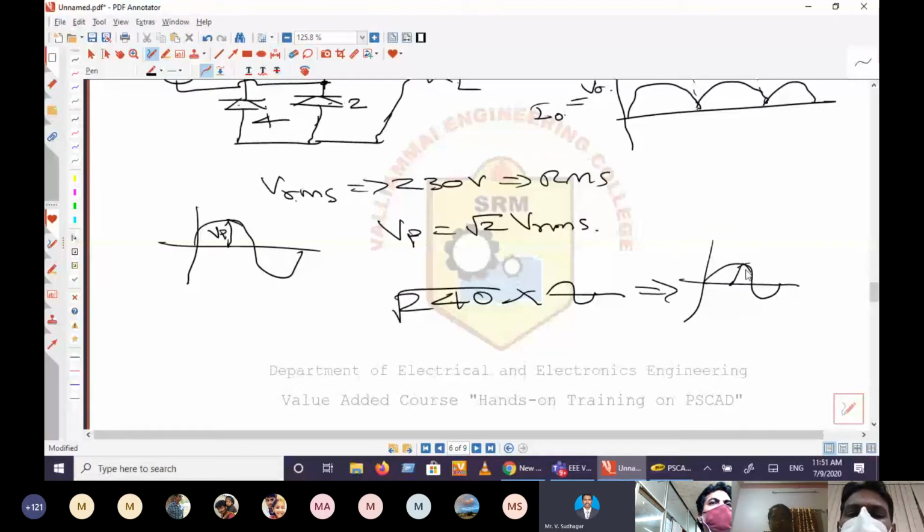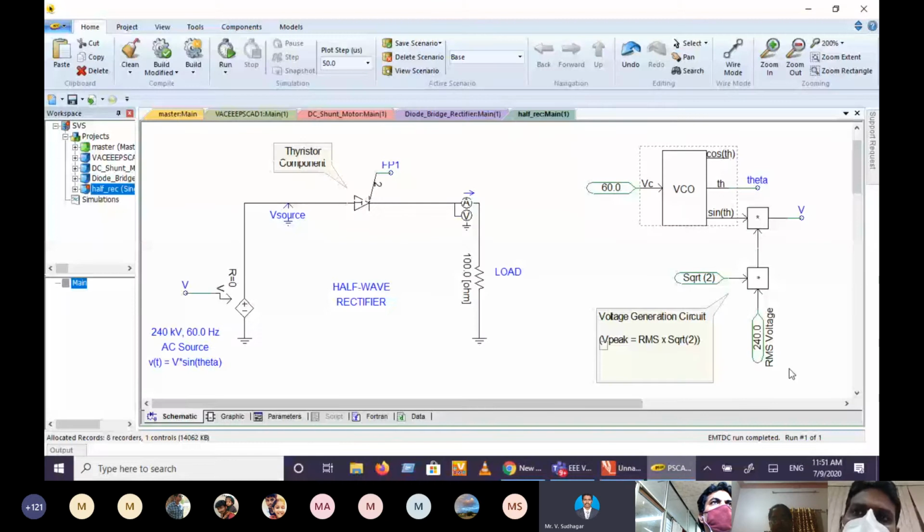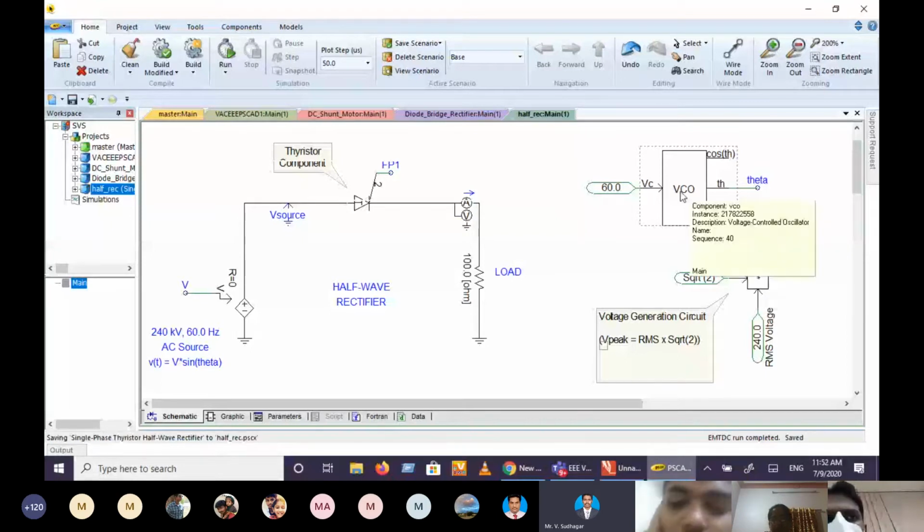So 240 is the RMS value. So we have to make this kind of modification, right? So 240 volt RMS is converted into sinusoidal. So we are generating the blank sinusoidal with the help of a voltage source oscillator having a 60 Hz frequency.